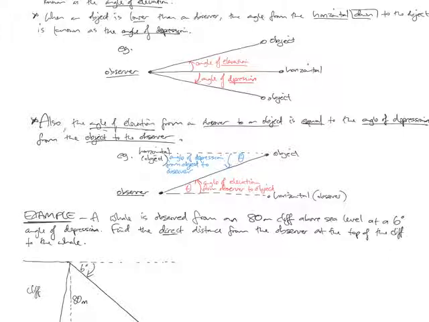Let's call it theta. Now from the perspective of the object, there's a horizontal there, and it's looking down towards the observer, that angle of depression is going to be the same. These two will be equal. So you may need to use that property at some point in your calculations.